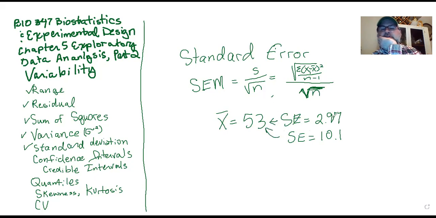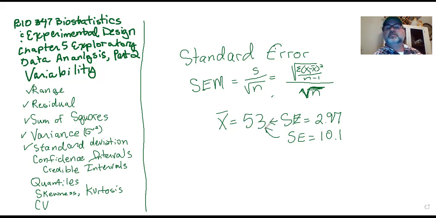What this measurement is telling you, 53 plus or minus 2.97, is saying within a certain confidence that the mean is essentially, we can just say this is 3, that it's 56 or 50. So given it's 53, 56, and 50, that's pretty good, right?